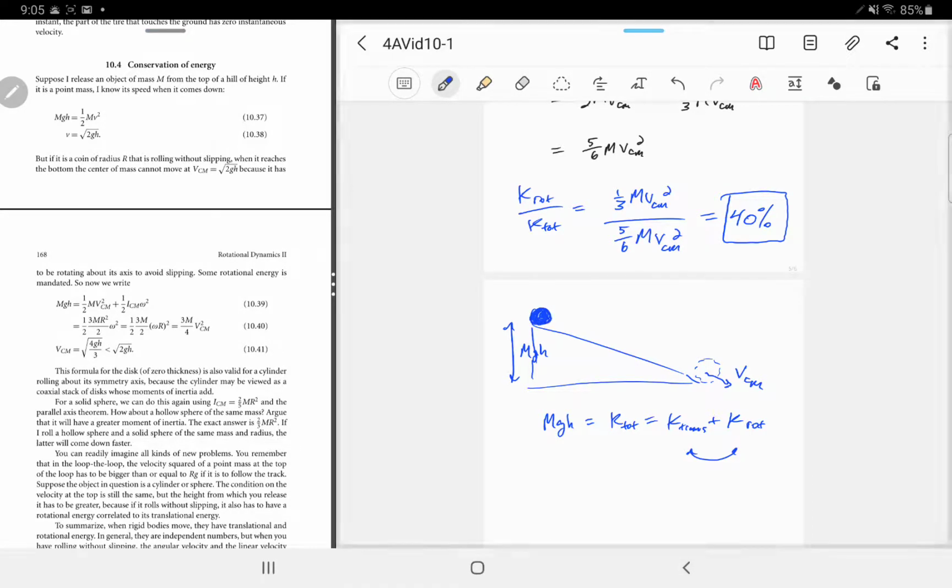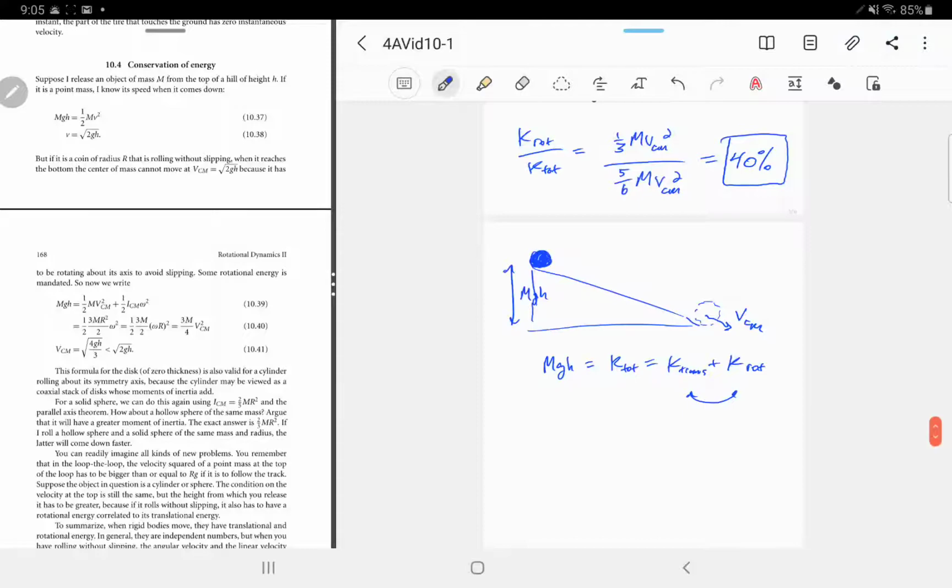We'll talk about this a little bit in class, or maybe this will be on your reading quiz. If you race some objects down the ramp like this, which one wins depends on the moment of inertia. The lower the moment of inertia, the smaller the percentage of the kinetic energy in rotational motion, and that means more of the kinetic energy is in translational motion.